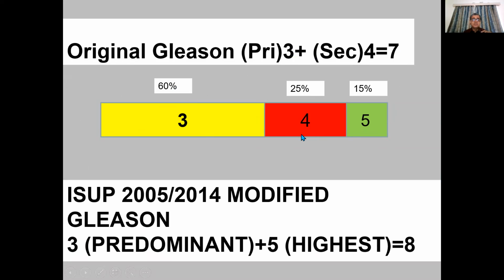Whereas in the ISUP 2005 modified Gleason scoring, it is the commonest pattern and the highest pattern, even if the highest pattern is very, very minuscule in the core, it should form a part of the Gleason scoring system. So, according to the modified Gleason, the same core in the current era would be put up as 3 plus 5, and the score would be Gleason score 8. Now, Gleason score 8 is really a high grade cancer.